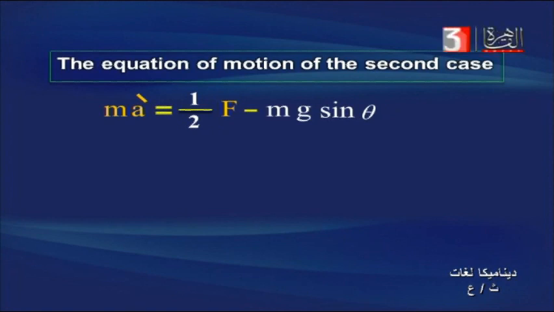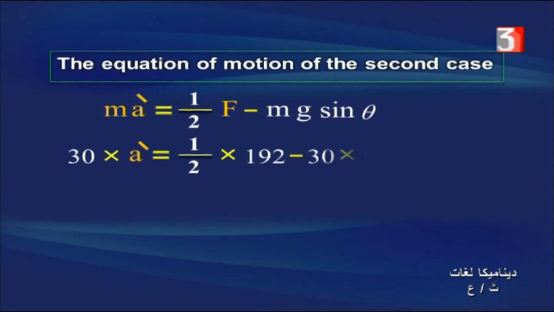Then MA dash equals 30 times A dash, half times the magnitude of the force equals 192, minus 30 times 9.8 sine 30.